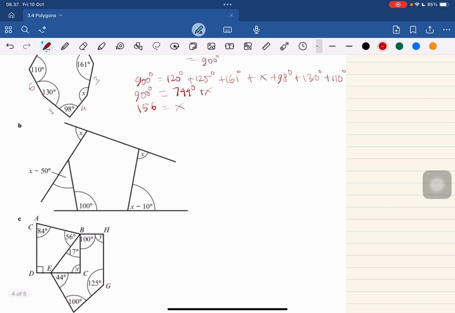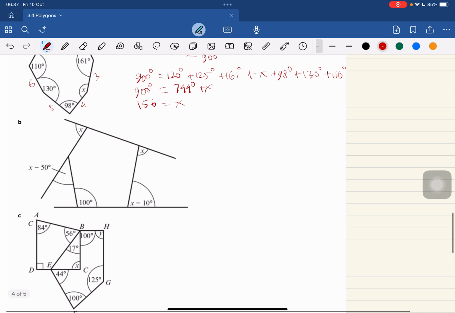Next, we have this one. How many sides are there? 1, 2, 3, 4, and 5. Okay, 5.